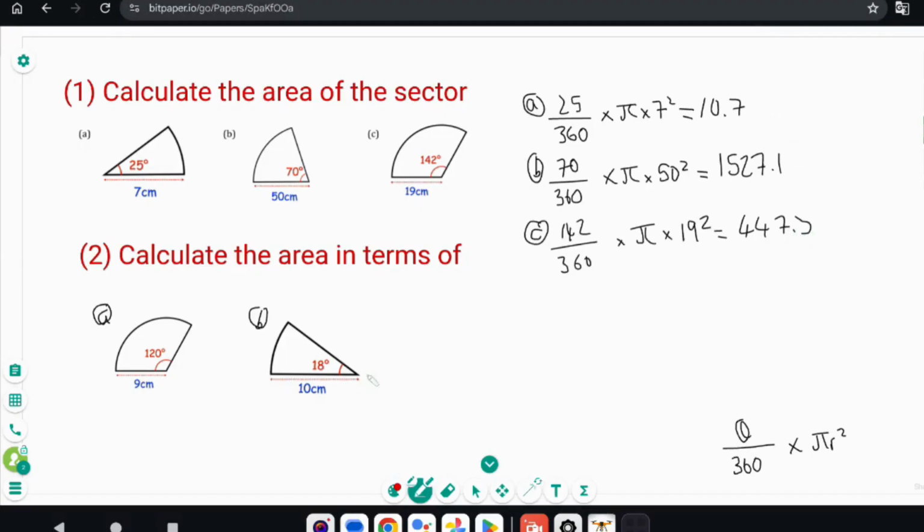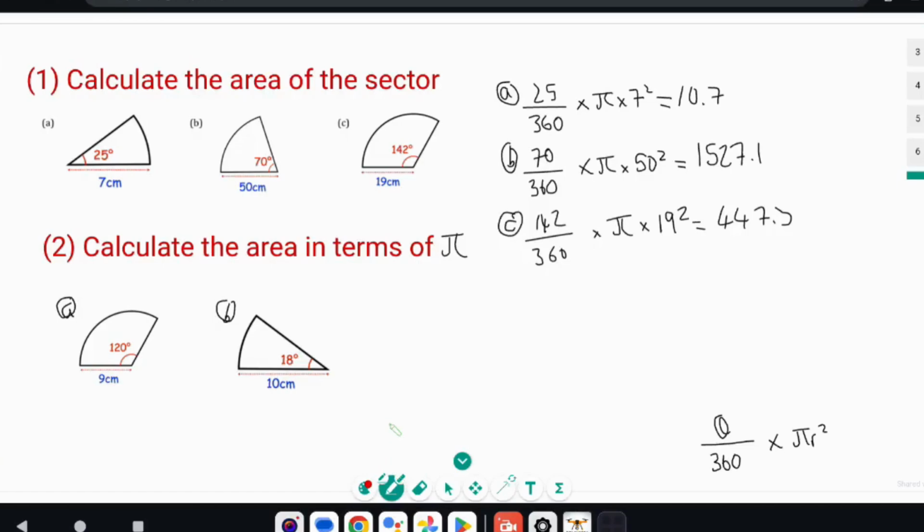And those are all in centimetres. So calculate the area in terms of pi.